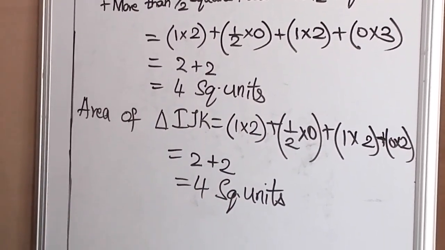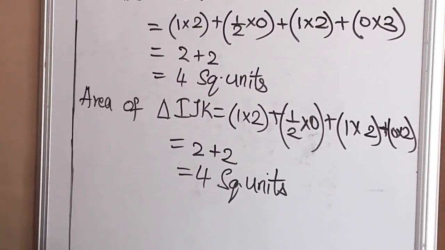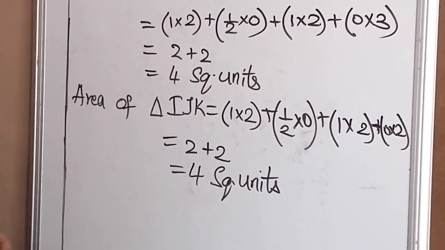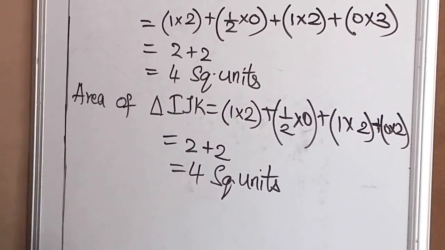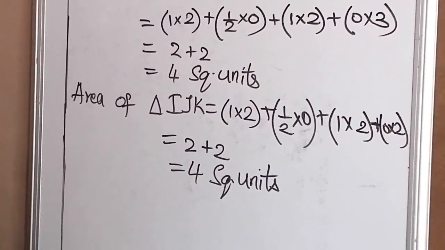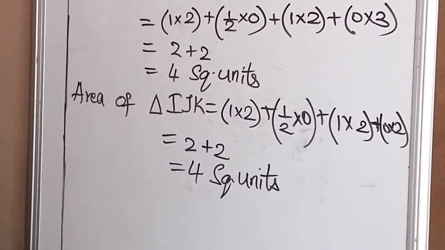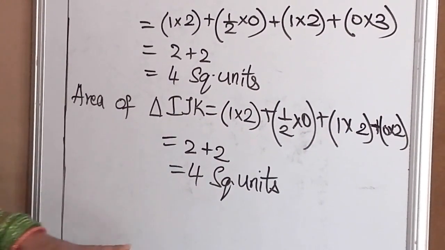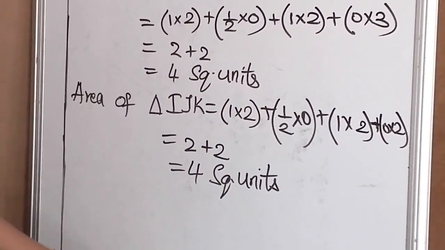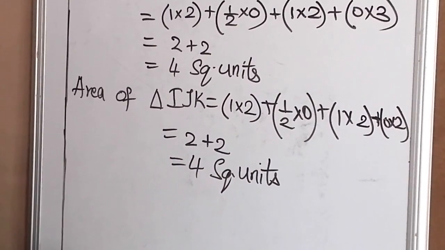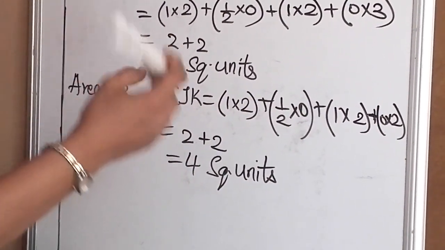So now let us find out the perimeter. What we should find out? Perimeter. You can easily tell that the area of MNO is equal to IJK, but triangle MNO is not congruent to triangle IJK. So let us write that.